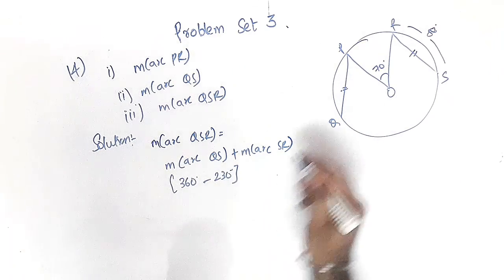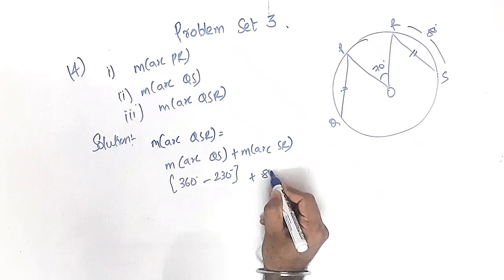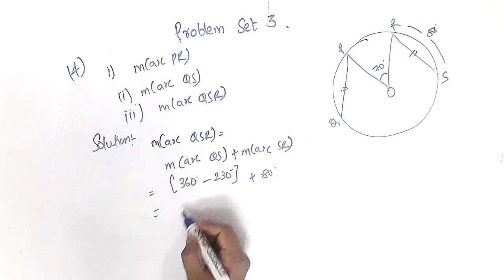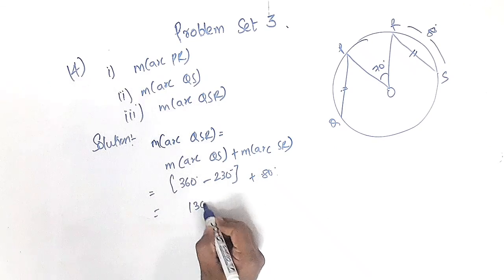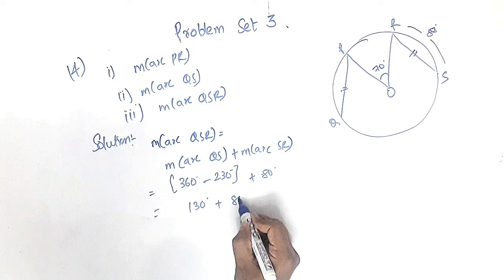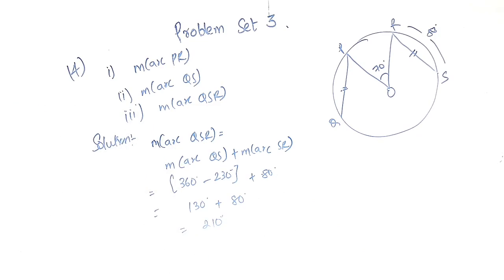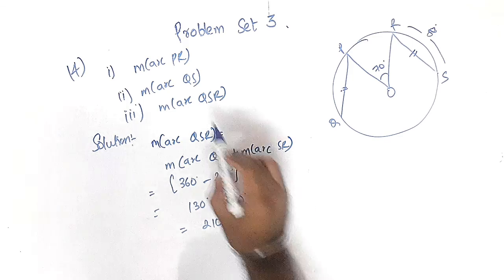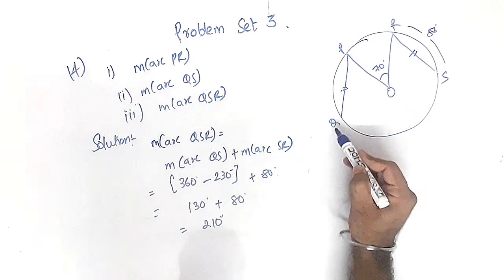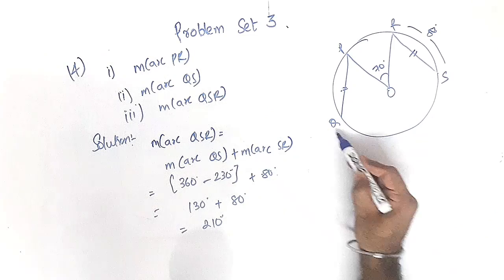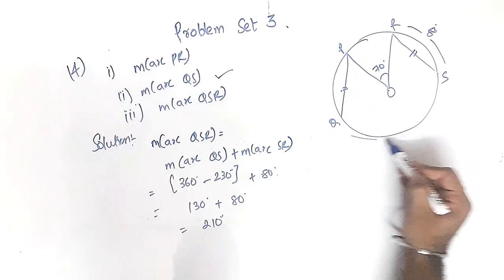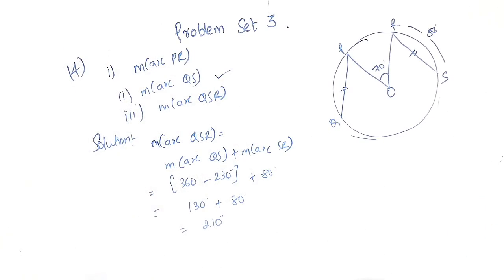This was 230, plus this is 80 degrees, correct? 360 minus 230 is 130. 130 plus 80 is how much? It is 210 degrees. If in case you take measure arc QS as this one, for your second question, your answer will be 130 degrees and not 230 degrees. So with this we come to the end of the 14th one.